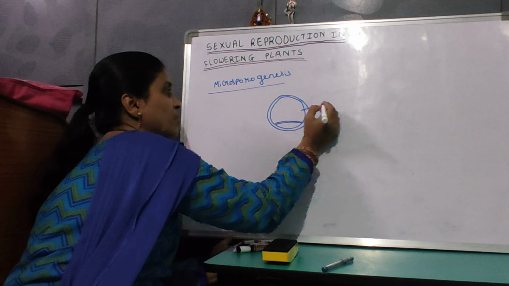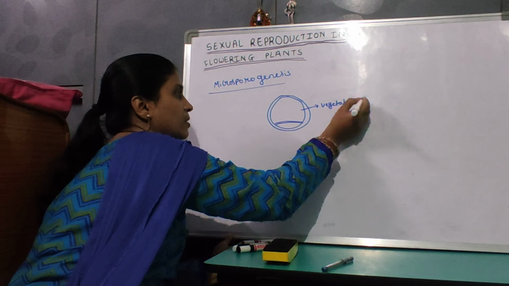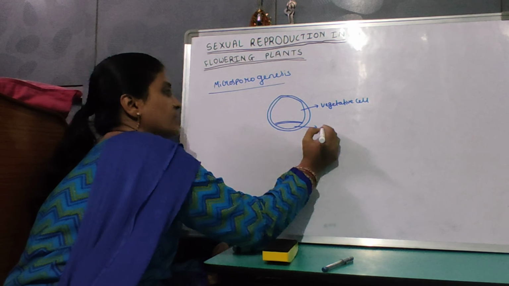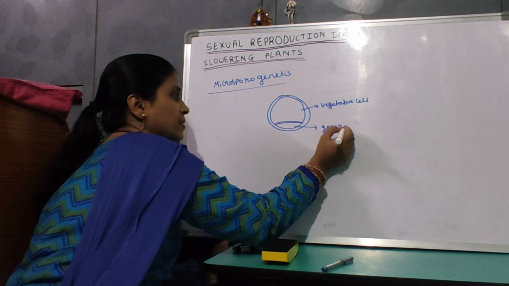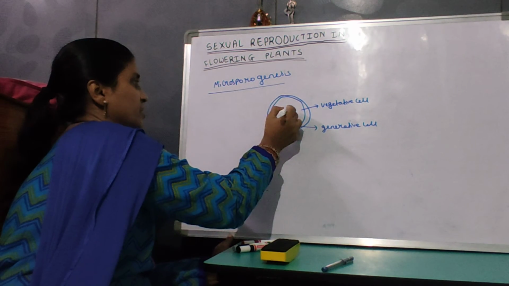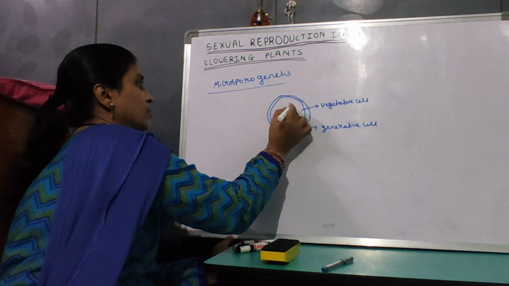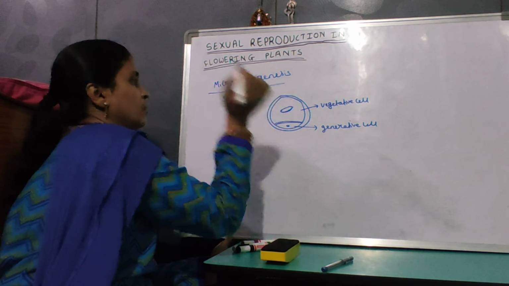The larger one is called as vegetative cell. The smaller one is called as generative cell. Like this.